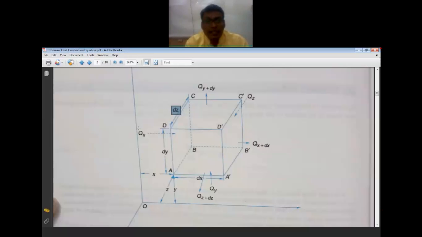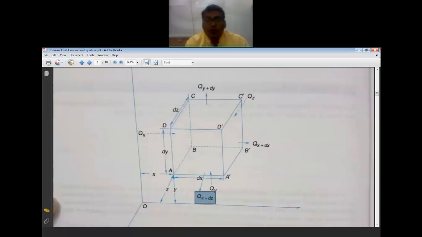The heat coming in the x direction is Qx, in the y direction Qy, and in the z direction Qz. Similarly the heat leaving the volume element is Qx plus dx, Qy plus dy in the y direction, and Qz plus dz in the z direction.